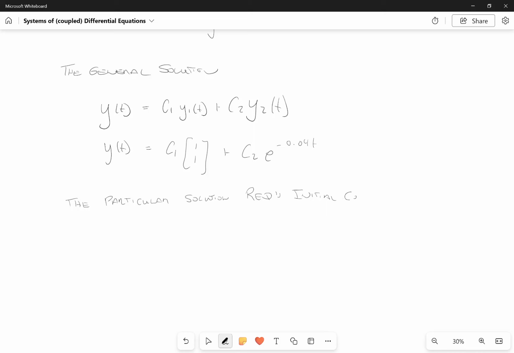That is what we need to figure out. Now, this y of t, let me write this out a little. Oh, I forgot something here. I'm missing something because y2 also has that vector. It's plus (1, negative 1), right? Let me slide this over a little bit.